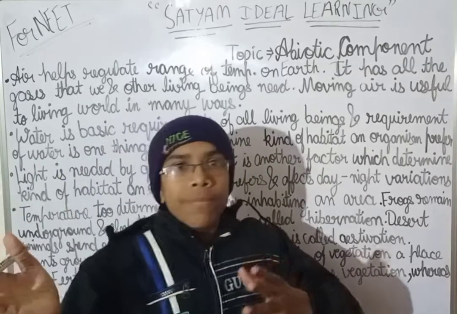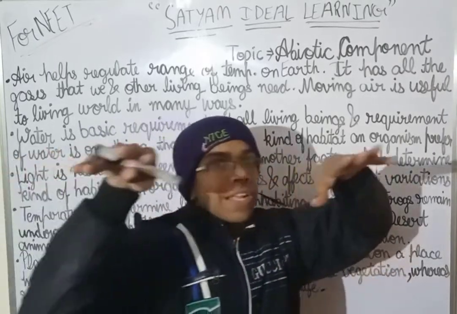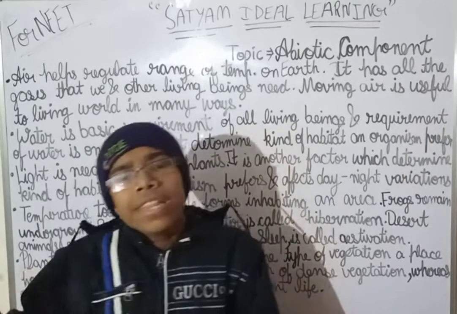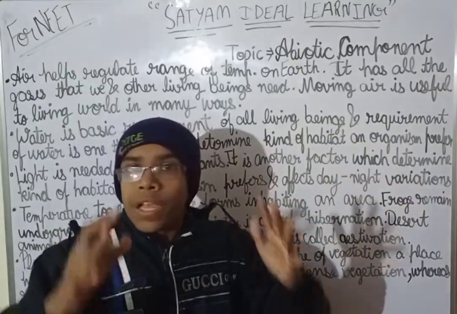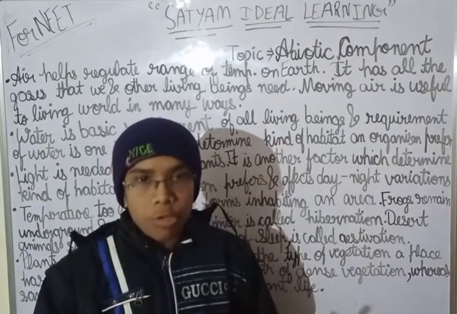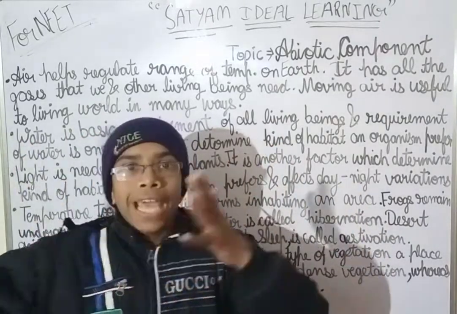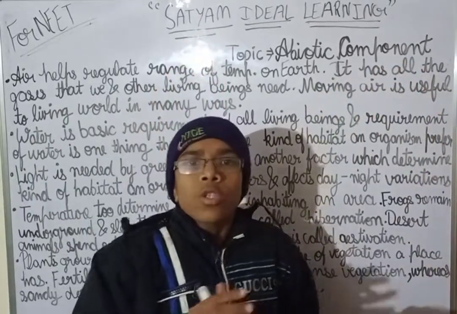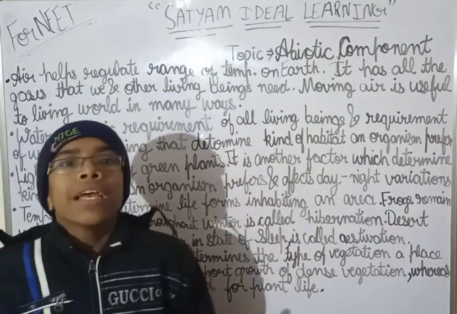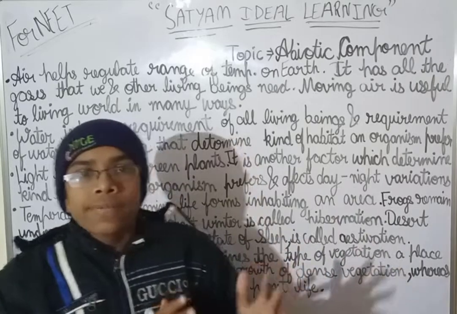When the wind comes, the clouds move from one place to another. When they are heavy, they rain at a particular place, and then the wind helps them go to another place, and then they rain there. So the wind helps in the distribution of rain.